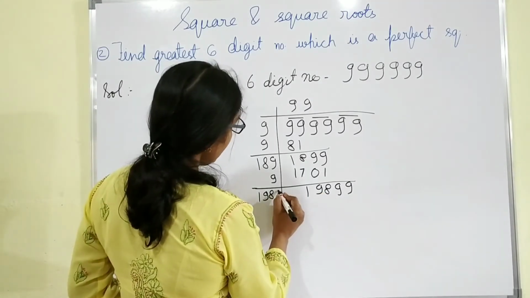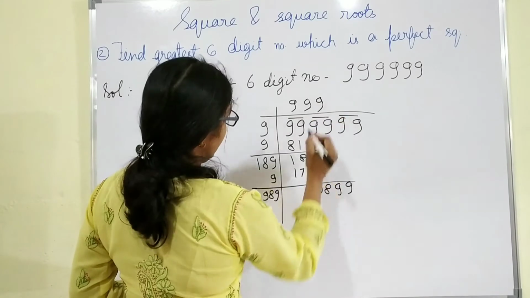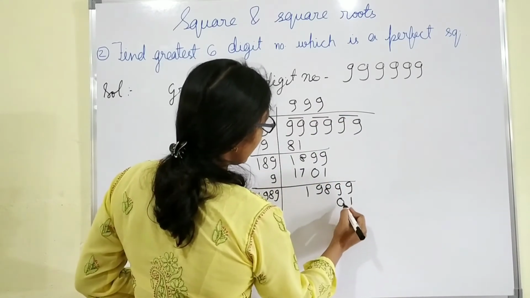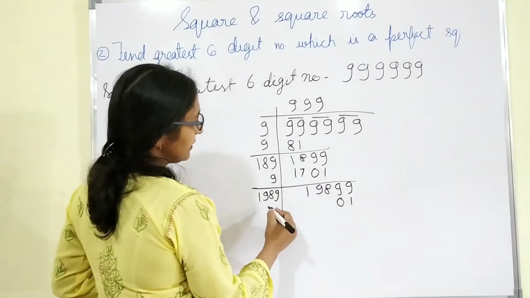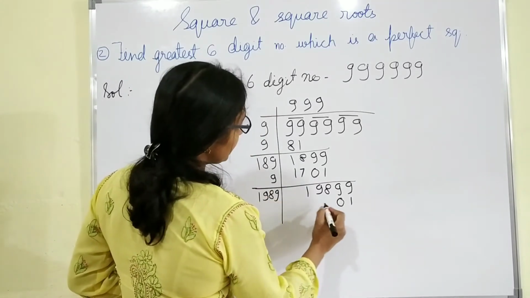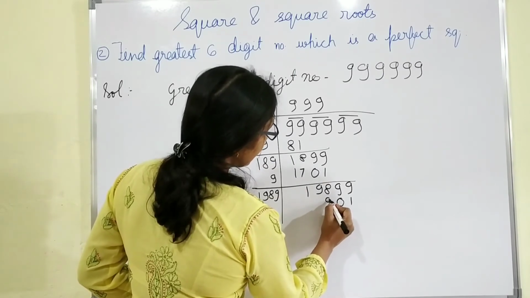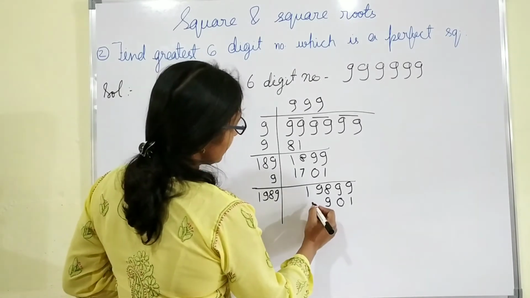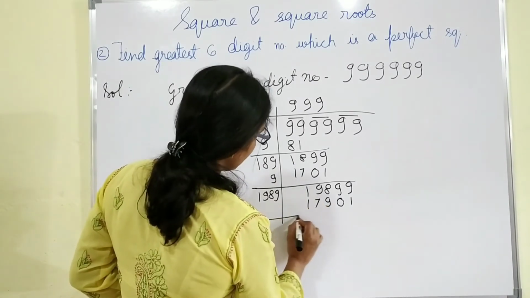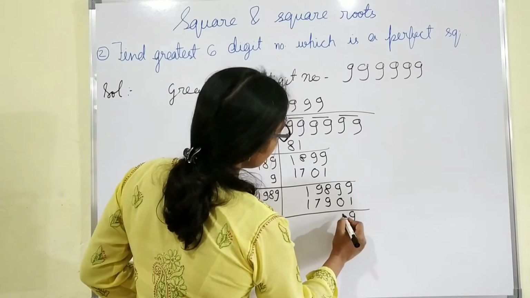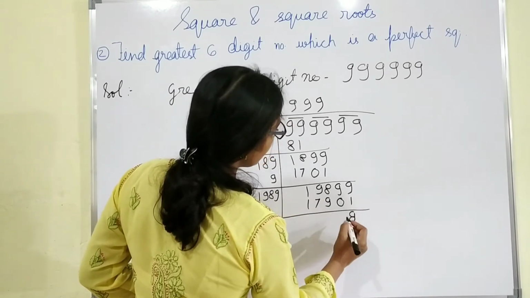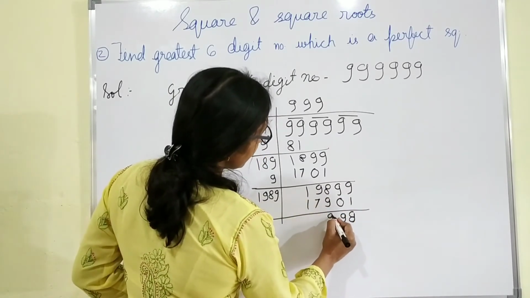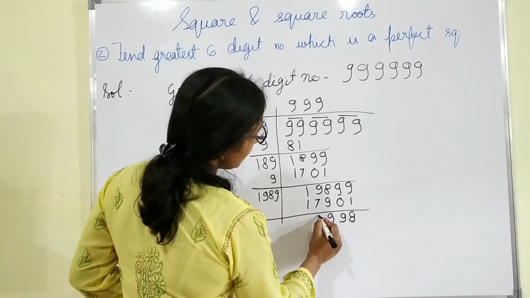Now again we will take 9. 9 9s are 81, 9 8s are 72, 80, 9 9s are 81, 81 plus 8, 89, 9 1s are 9, 9, 17, 8, 9, 18 minus 9, 9, 8 minus 7, 1.